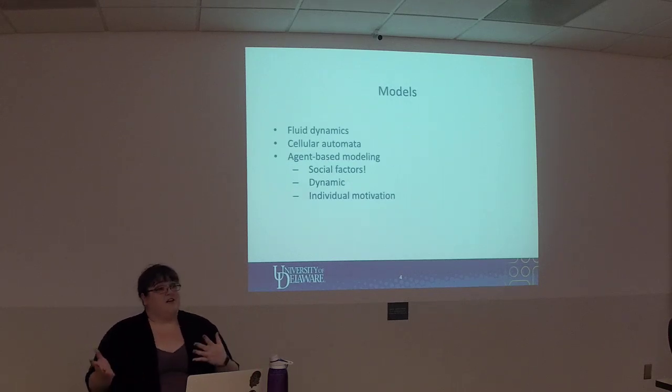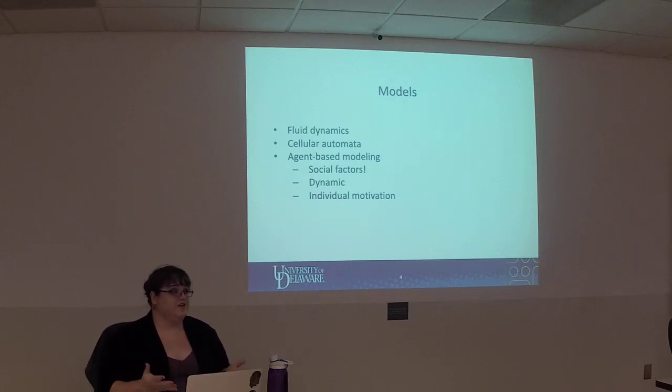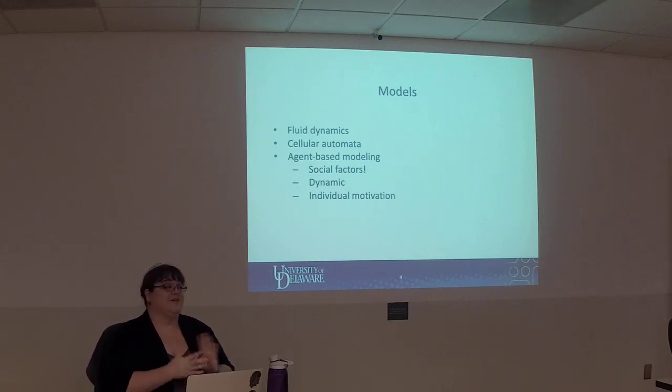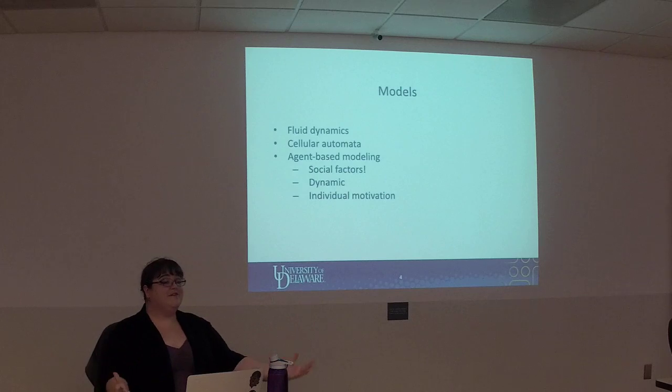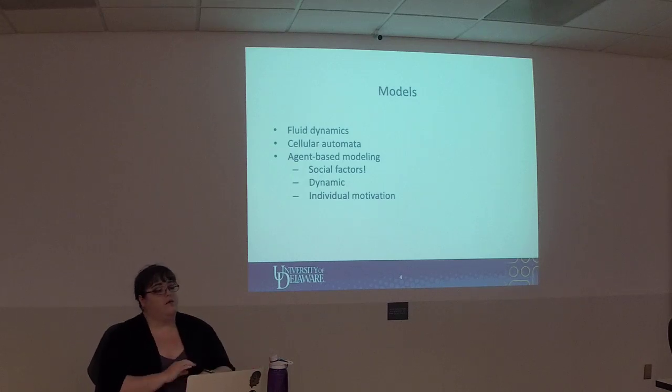So the different models, there are several different approaches to evacuation models. My favorite are the ones that use fluid dynamics as a model of crowd behavior. It's great, because we all, of course, flow together like fluids. There are also cellular automata models, which provide a kind of mechanical idea of how people move.